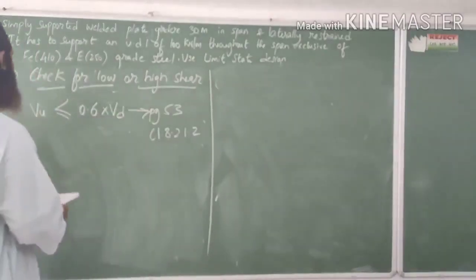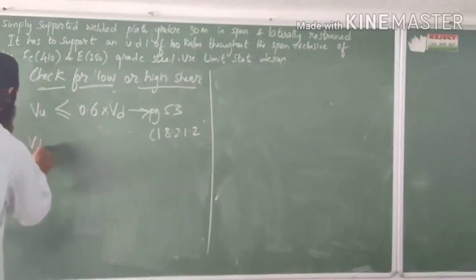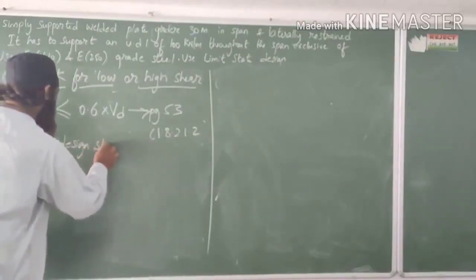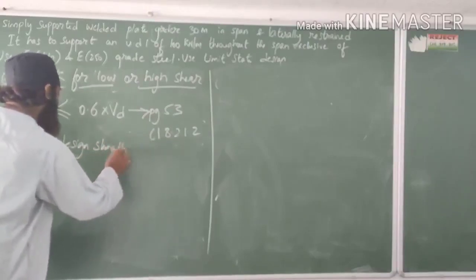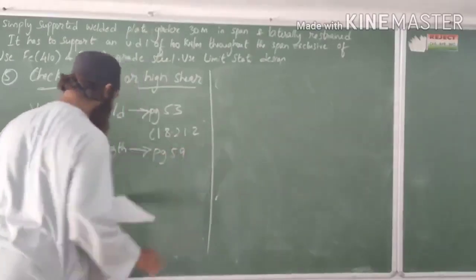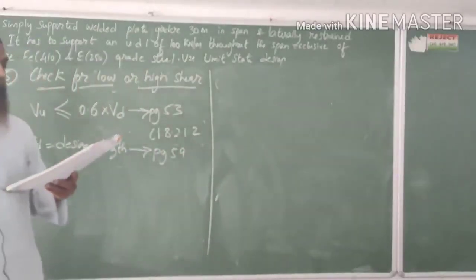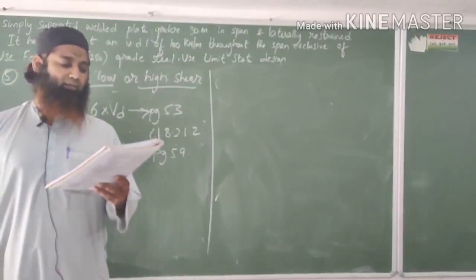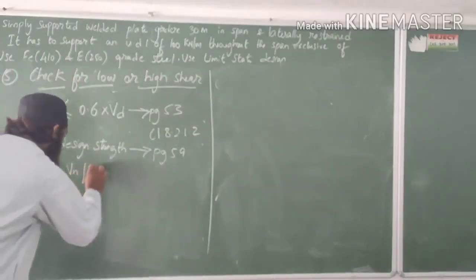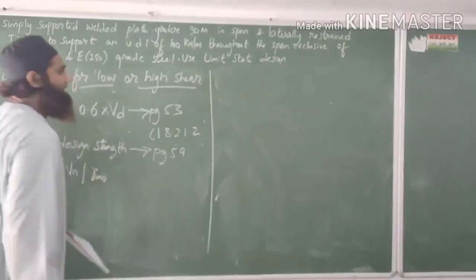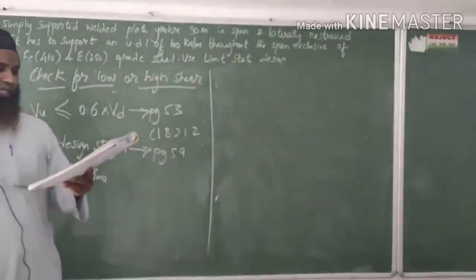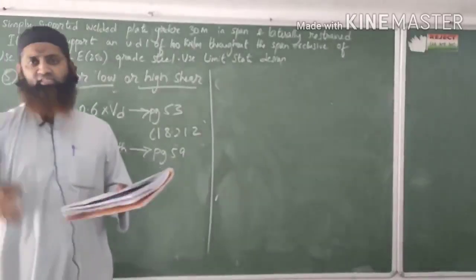Vd is the design strength. You have to check page 59 also. Vd has been given as design strength, and Vd is given by Vn by gamma m0. If you have seen the design steps in the previous session, you will get a clear picture, because I had written everything in sequence there.